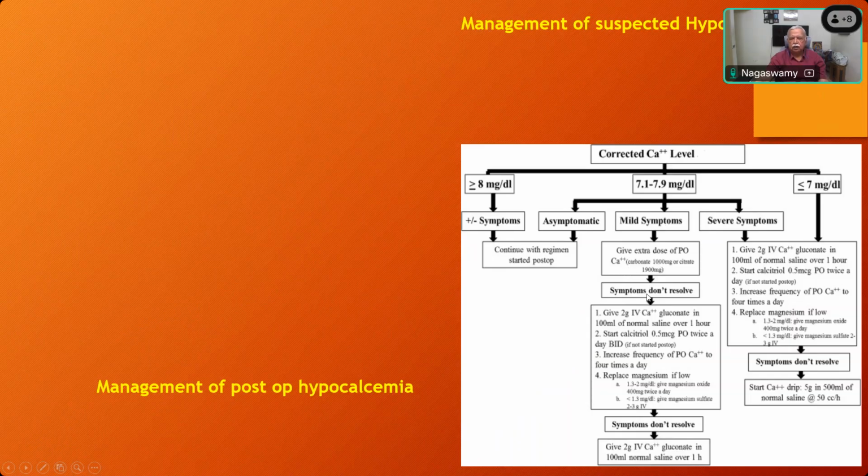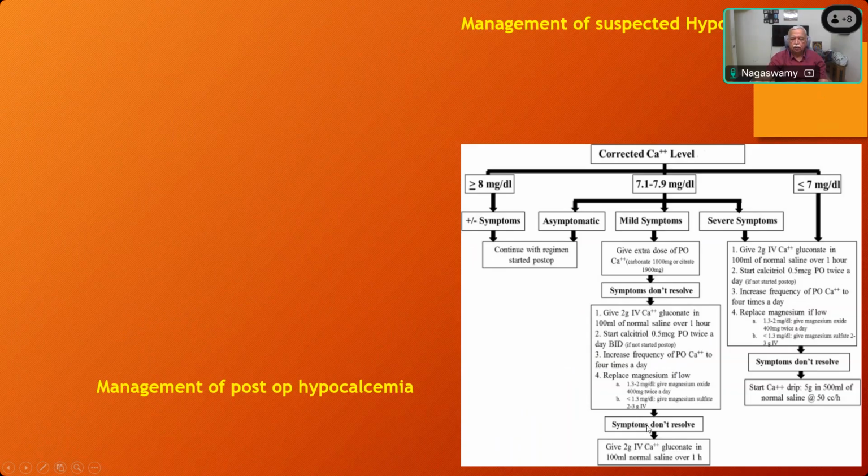If the symptoms do not resolve, give IV calcium gluconate and start calcitriol 0.5 microgram orally twice a day, then increase the frequency to four times a day. Replacement of magnesium is also indicated if it is low. Then only the whole thing will resolve.